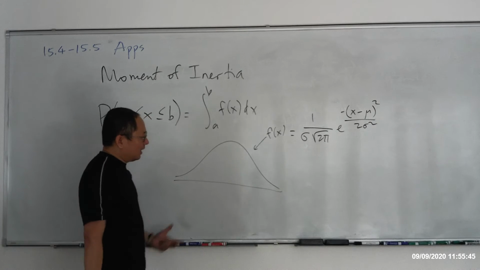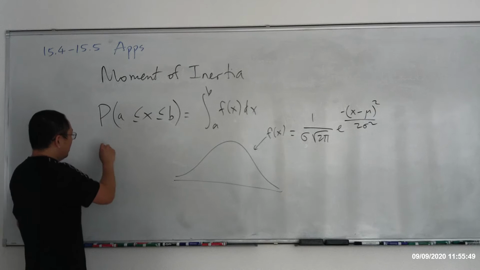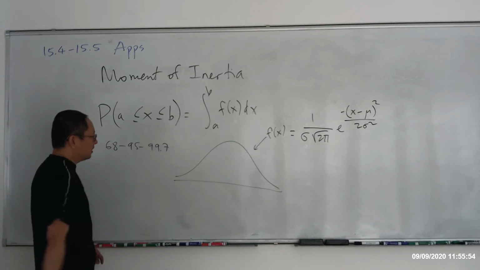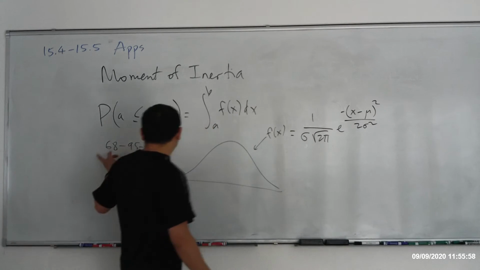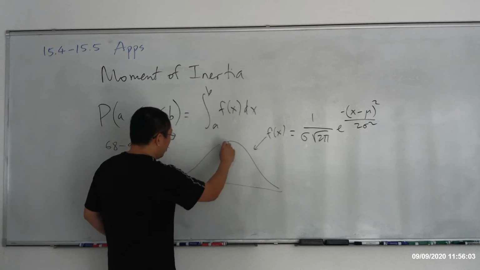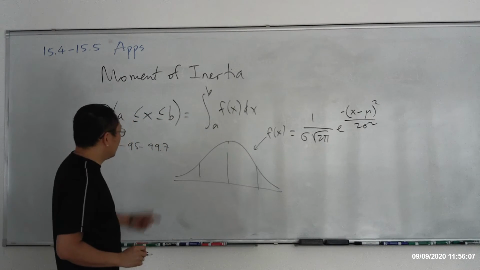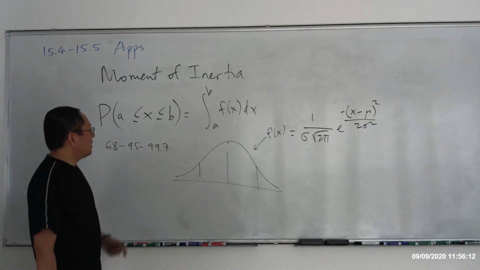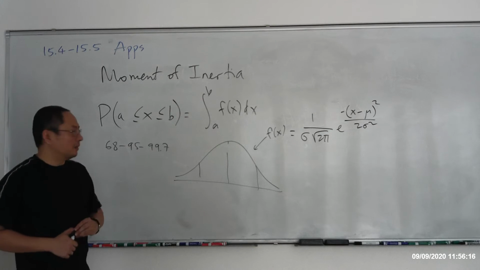And in statistics, you have the three magic numbers, the empirical rule, they call it 68, 95, 99.7, I think. So you integrate over 1 standard deviation, 2 standard deviations, 3 standard deviations. The probability within 1 standard deviation of the center is 68% chance, 2 standard deviations is going to be 95% chance, and 3 standard deviations is going to be 99.7% chance.